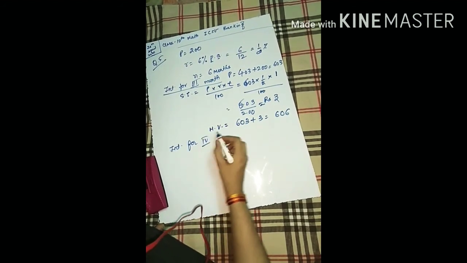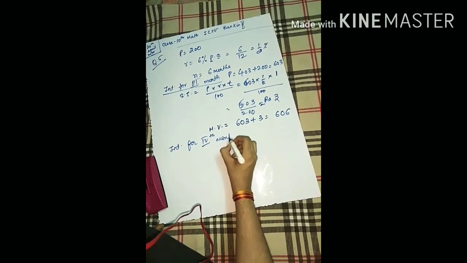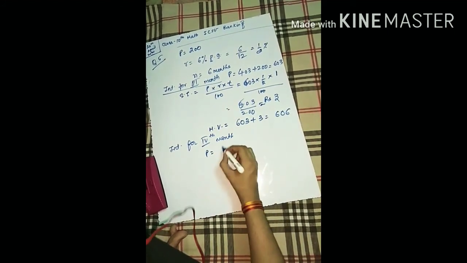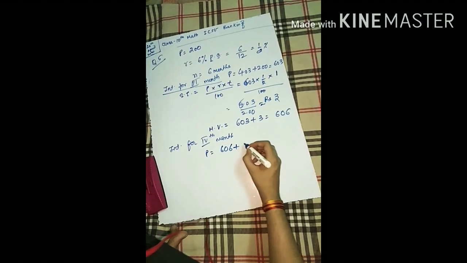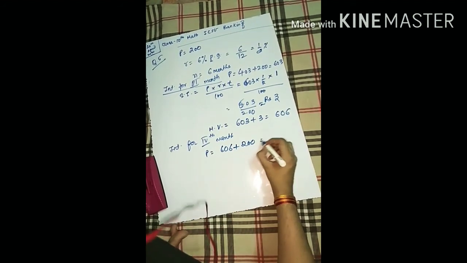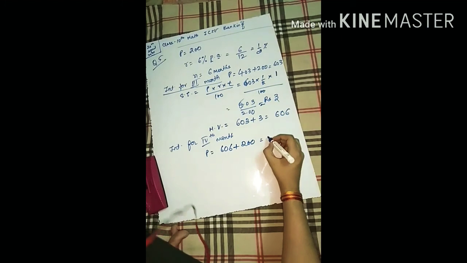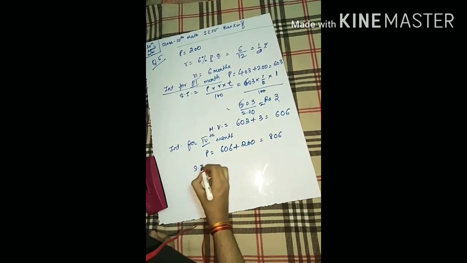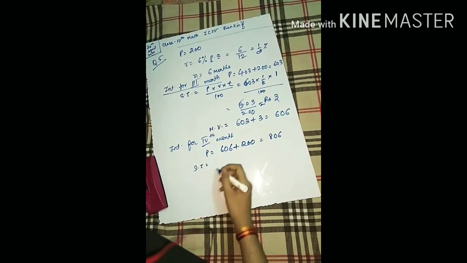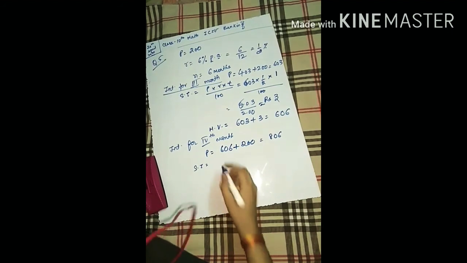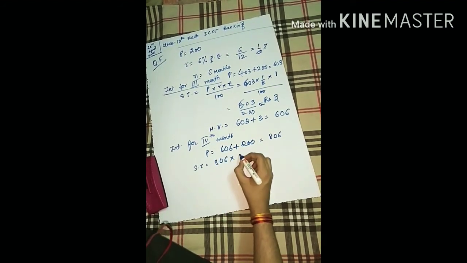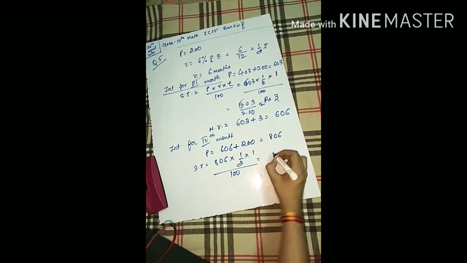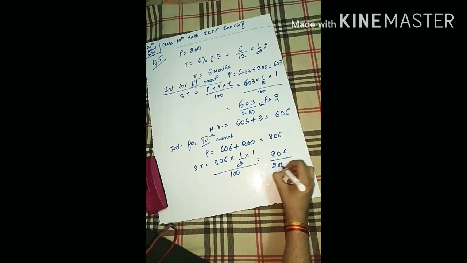Now interest for the fourth month. What will be the interest for the fourth month? First of all, principal. What will be the principal? This 606 total deposit plus the monthly installment. Okay, this will give you 806. All right, and from here simple interest will be P into R into T upon 100. 806 upon 200.